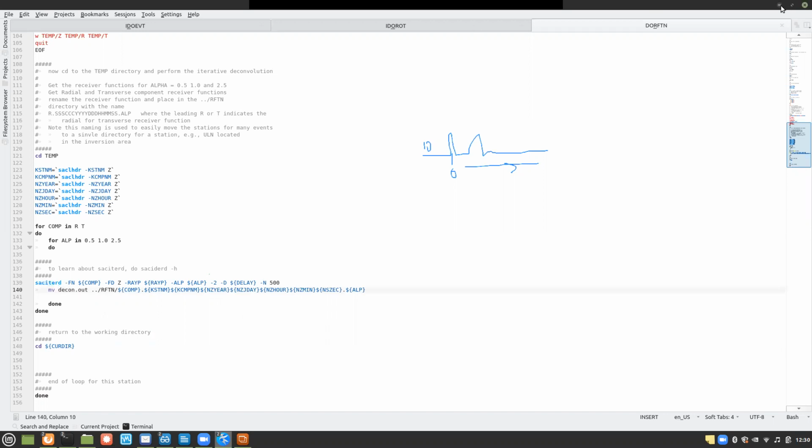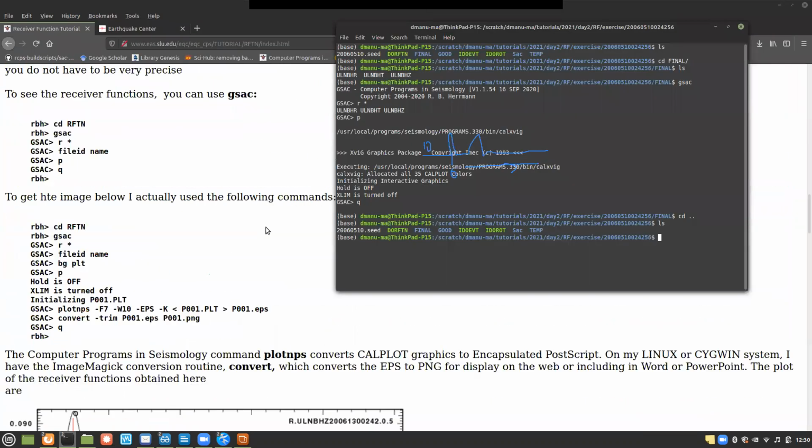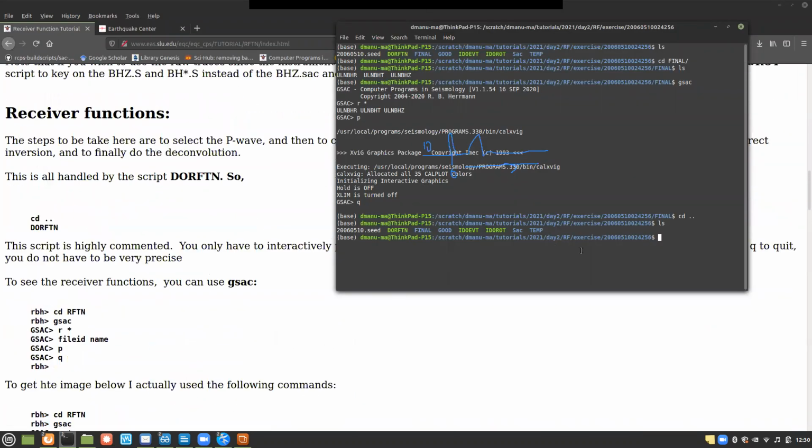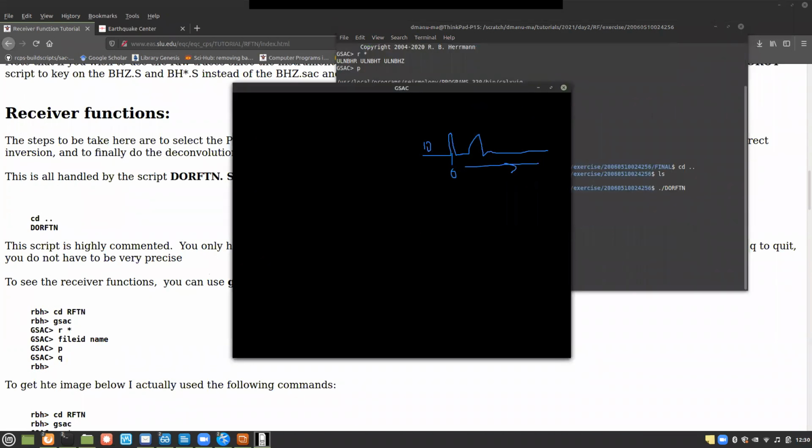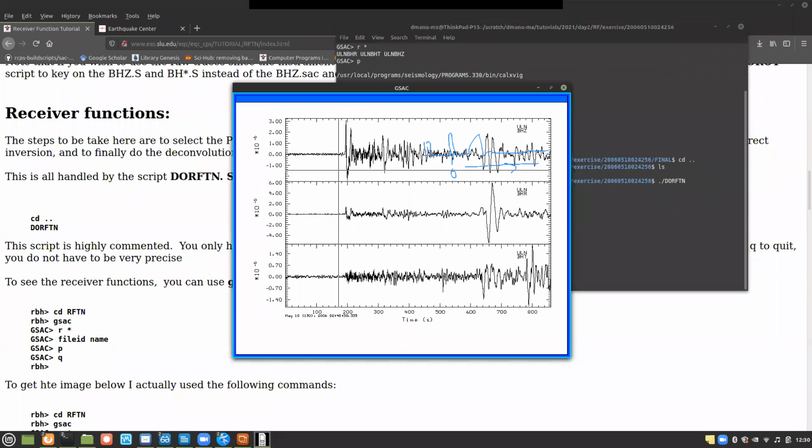So let's go ahead and run that. So you just say run do RFT. Okay, so now it asks us to pick the arrival times. The P arrival is very prominent always on the vertical component, so I'll pick from the vertical component. You see in the transverse component there is almost no P energy. There is also some on the radial one.